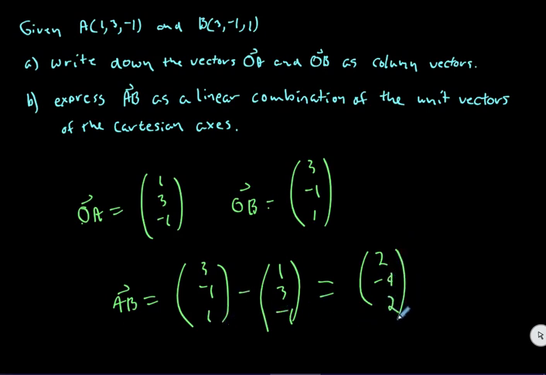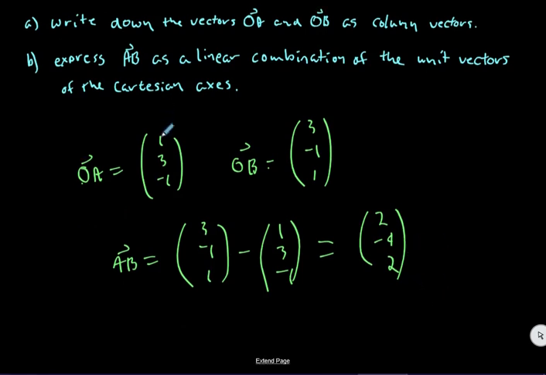So it's 2, negative 4, 2. It seems that everything I have here is correct. I just made a calculation in my notes, so I thought I had made a mistake, but everything here is good. 3 minus 1 is 2. Negative 1 minus 3 is negative 4. 1 minus a negative should be 1 plus 1, which is 2.